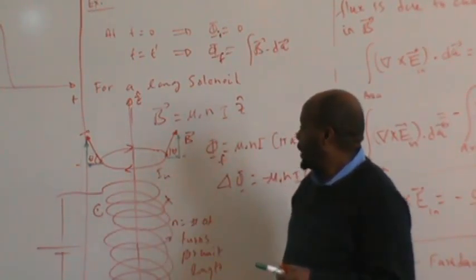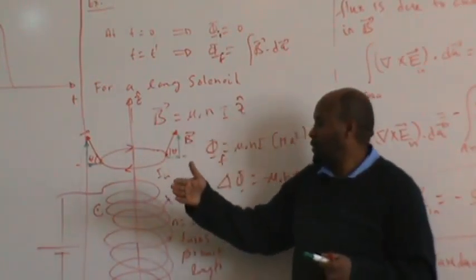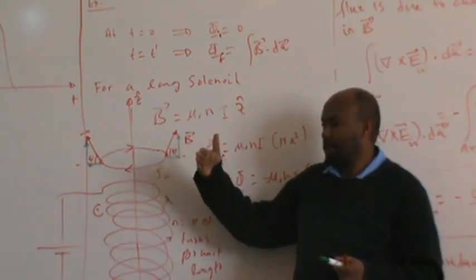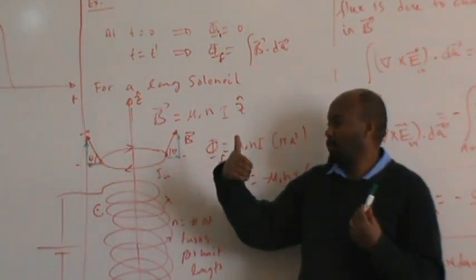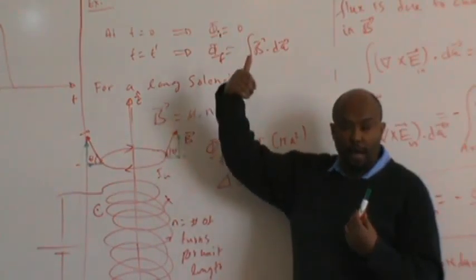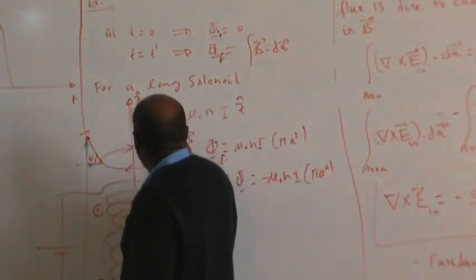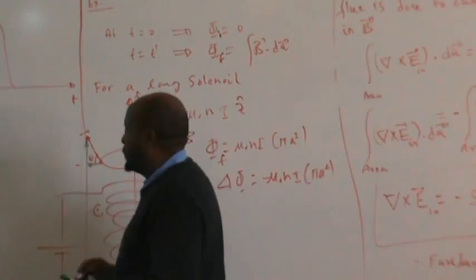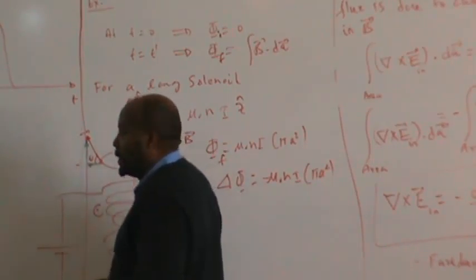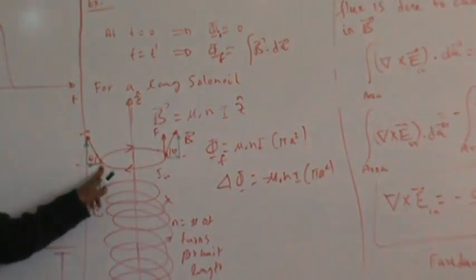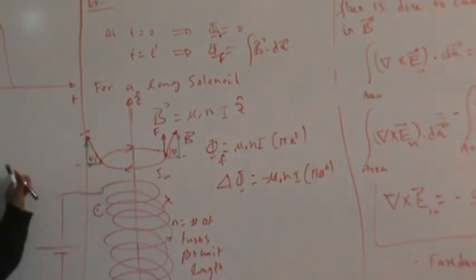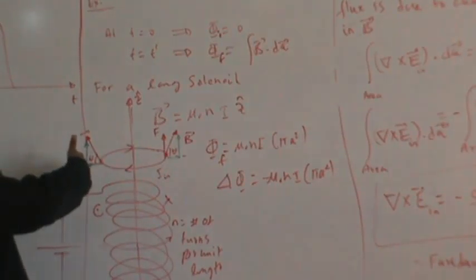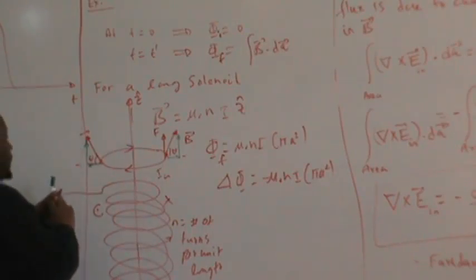If you use the right-hand rule, you have a current coming towards you, magnetic field this way, so the force is going to be upward. So you have F on this side upward. And on this side, current going in, magnetic field is this way, so current, field, you have a force upward.